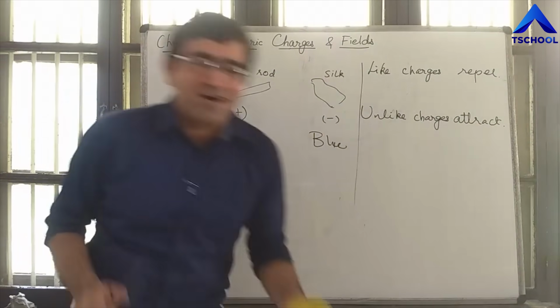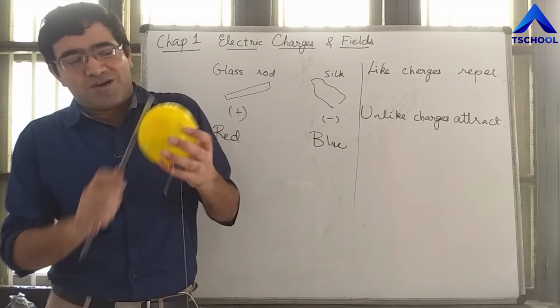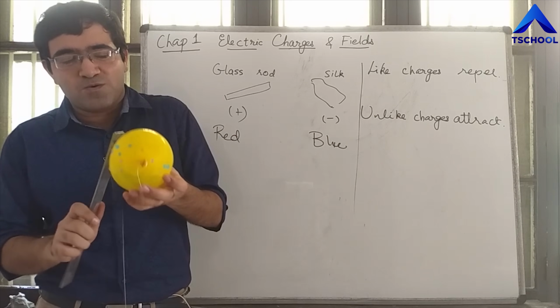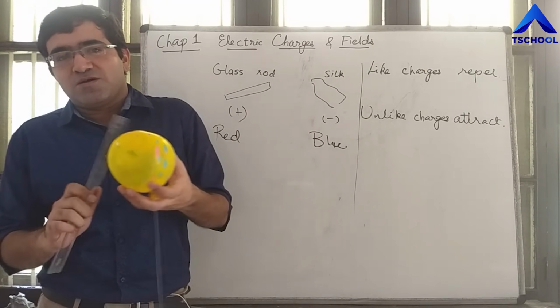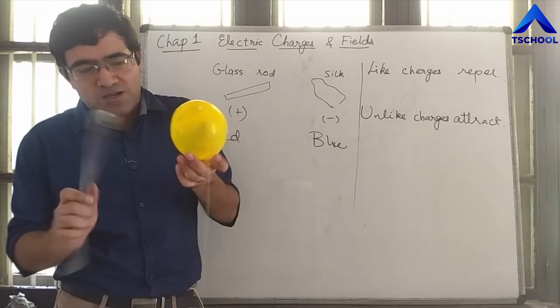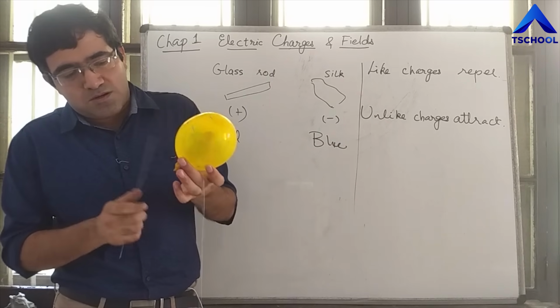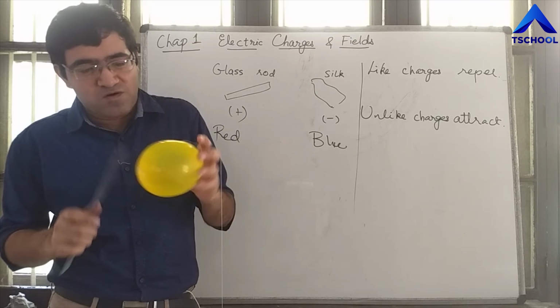I'll take the other one here. Okay, so I'm doing the same to the yellow balloon now. It's important to tie these threads because we want to see how they move, right?